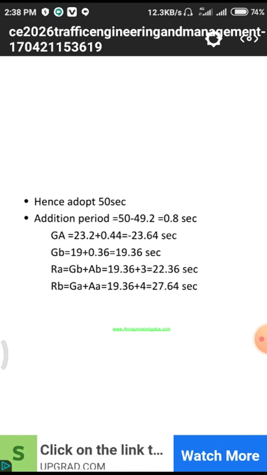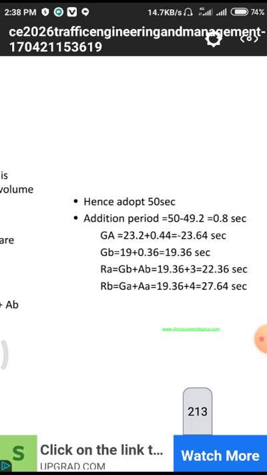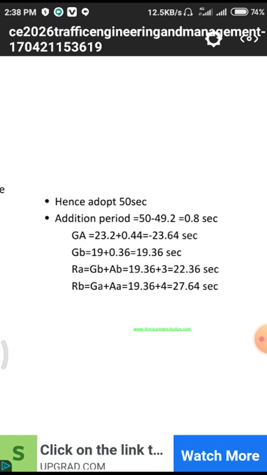GA equals 23.64, where it is got as GA equal to 22.3 plus 0.44 equal to 23.64. This 0.44 is the additional time. And GB equal to 19 seconds plus 0.36.